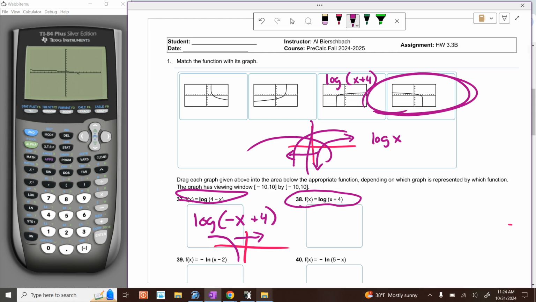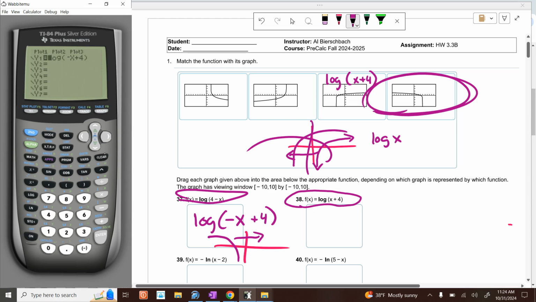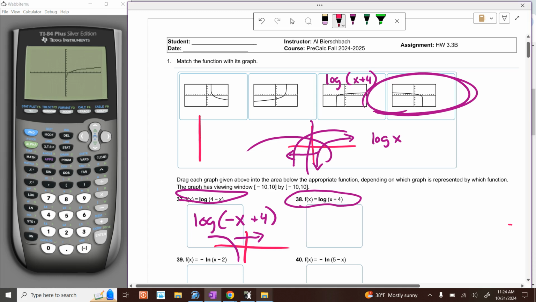Okay, the ln of x graph. Let's look at the ln of x graph. Clear. We're just going to look at the plain ln of x graph. So the normal ln of x graph would look like this.